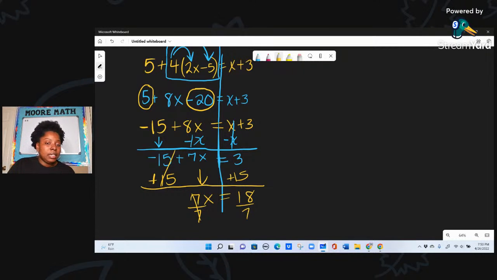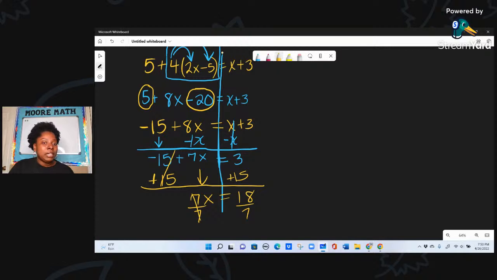X equals 18/7. Okay, so again, the hardest part is just getting started, but doing that distributive property first and combining your like terms. For the first 3 steps, we focused just on the left side.